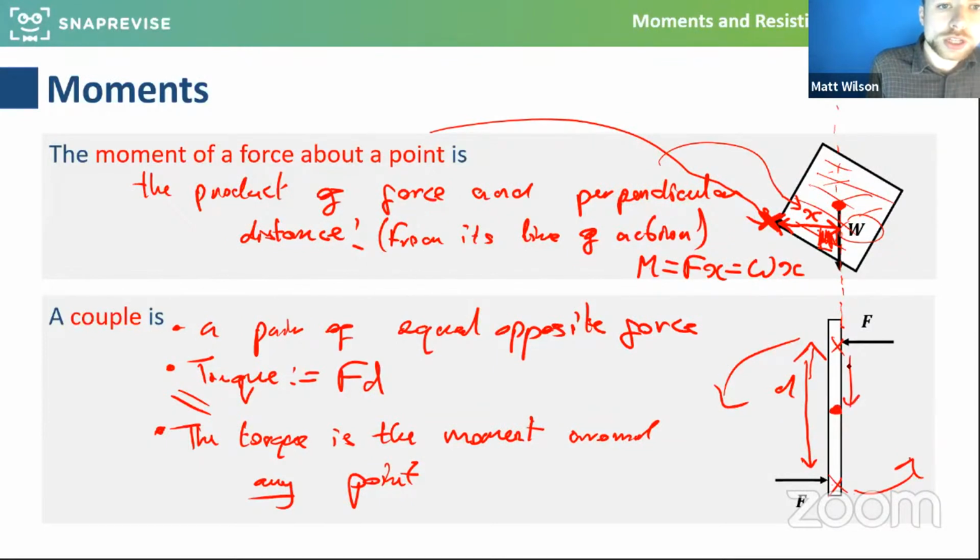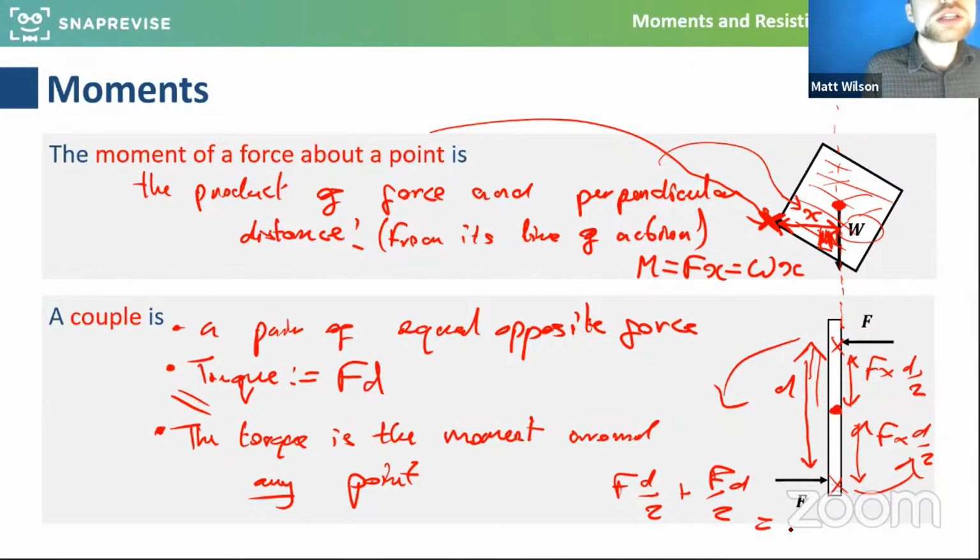One force is making a moment of F times, well, this is halfway, so F times D over 2. The other one is making a moment of F times D over 2, and they're pushing in the same rotational direction. So altogether, the total moment is FD over 2 plus FD over 2, which is indeed equal to what we call the torque, F times D.